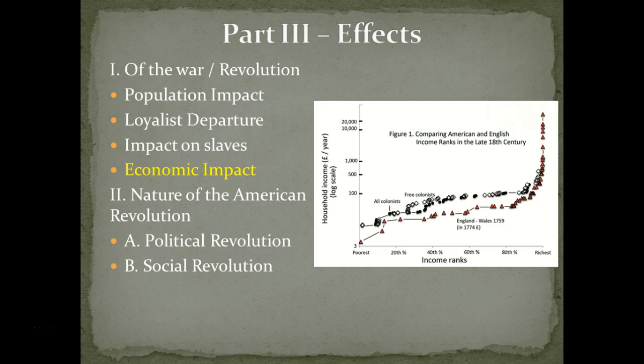One economic impact that we're having, though, is that we're seeing the beginning of the Industrial Revolution. And after the American Revolution takes place, domestic manufacturing, industrial manufacturing increases in the United States.